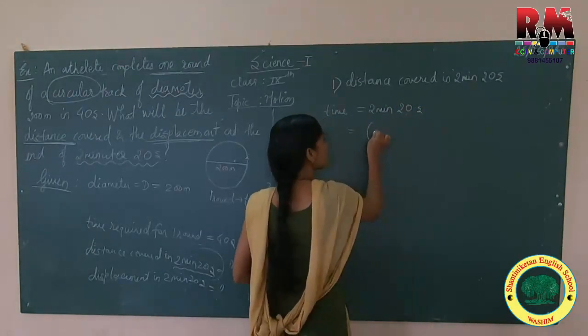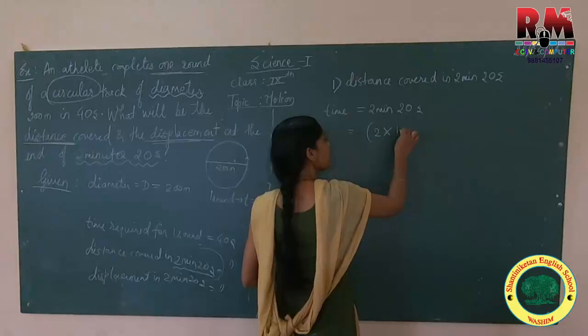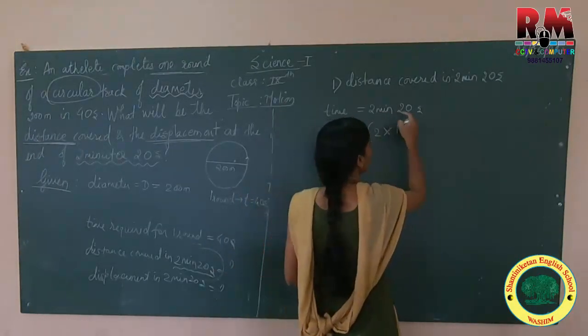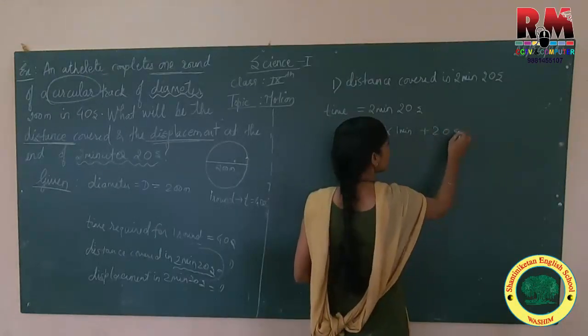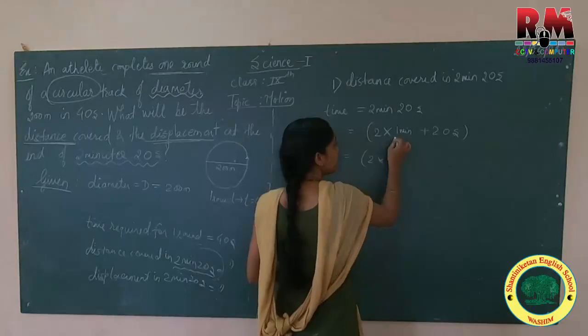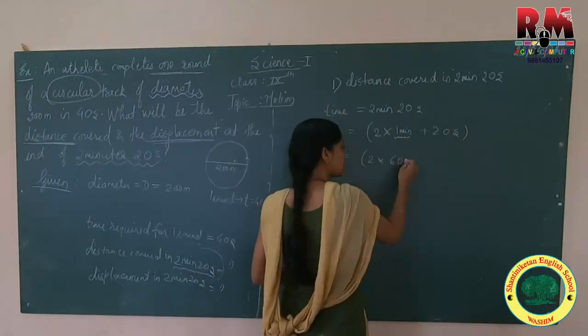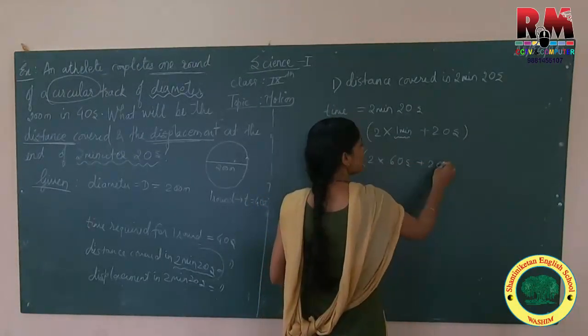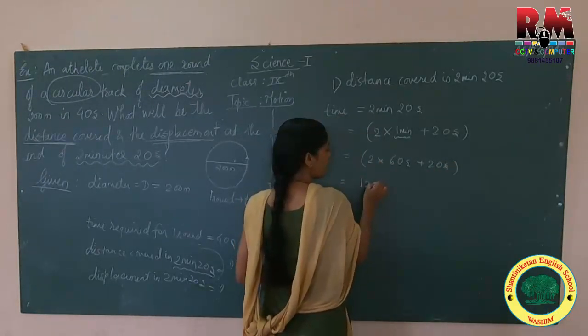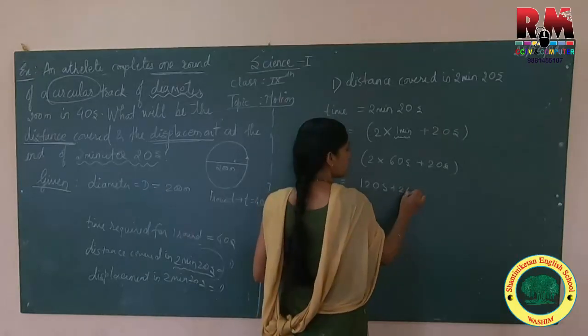So time is equal to 2 minutes 20 seconds. 2 minutes means 2 into 1 minute plus 20 seconds. So 1 minute makes how many seconds? 60 seconds. So 2 into 60 means 120 seconds plus 20 seconds.